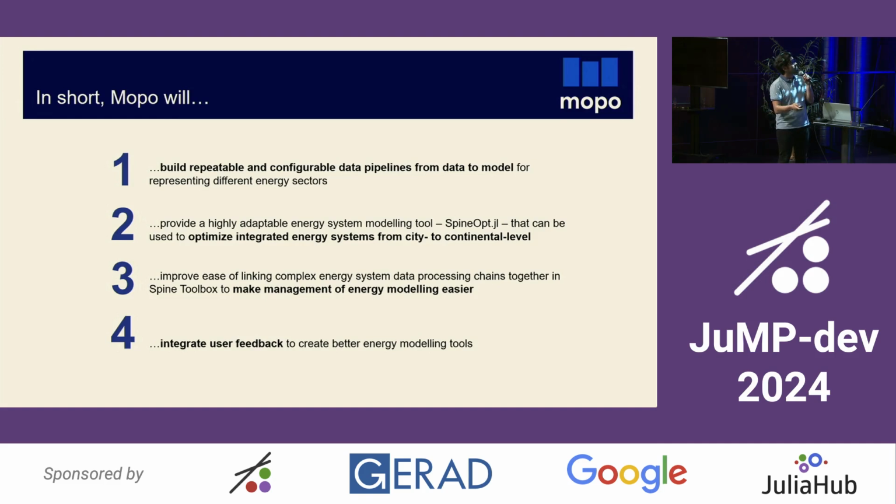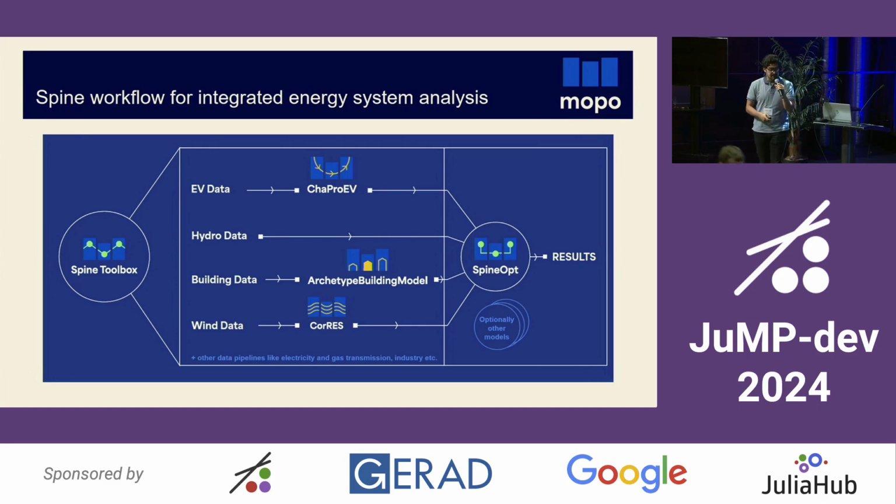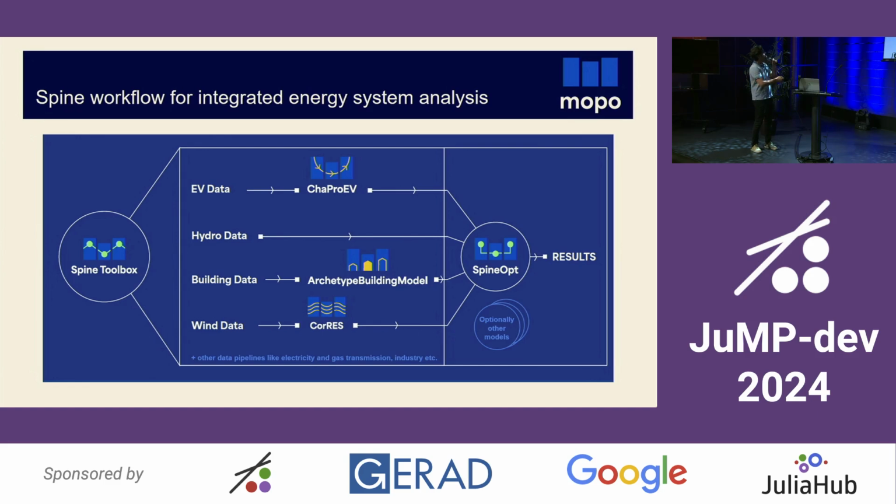So this is kind of the whole workflow that we have. We have a Spine Toolbox, and in the pipeline you can have different models that you can also develop on your own, but in this case, this is a package for electric vehicles, this is for buildings, and this is for creating new renewable profiles, and then you have an optimization problem, which is here in SpineOpt, this package.